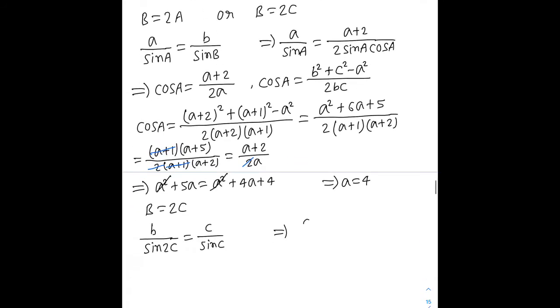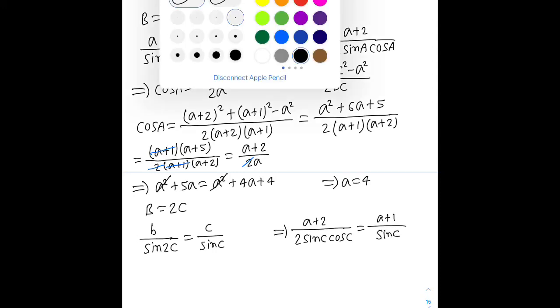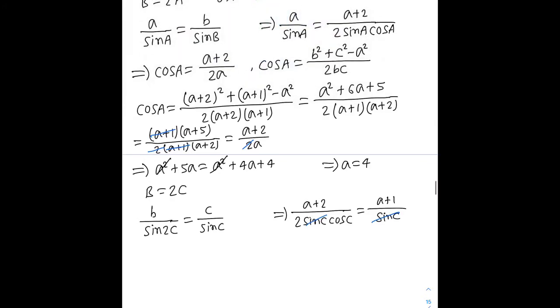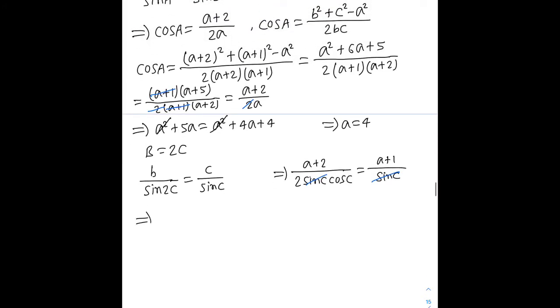So you will get a plus 2 divided by 2 sine C cos C, equal to a plus 1 divided by sine C. Then you can cancel sine C, and you will get cos C equals a plus 2 divided by twice of a plus 1.